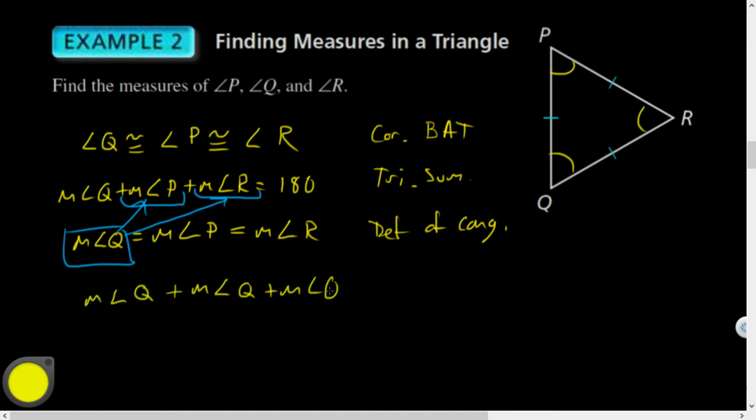But that's all right. Sometimes the ability to communicate it is more difficult. So here's substitution. And then combine like terms, 3 times the measure of angle Q equals 180 degrees. Let's just simplify algebraically. And what do I do now?